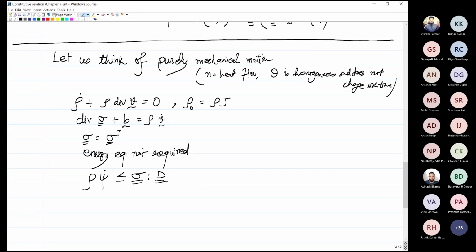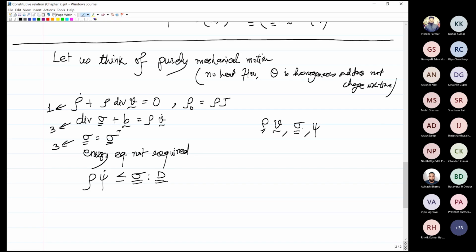So how many unknowns are present here now? Have a look at the number of unknowns. So you have rho, then velocity, then sigma, and psi. And equations, you have 3, 3, 1.